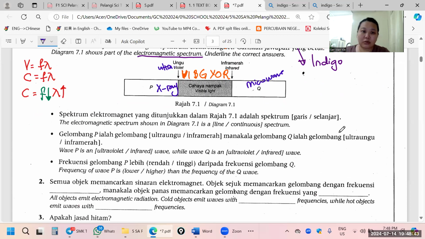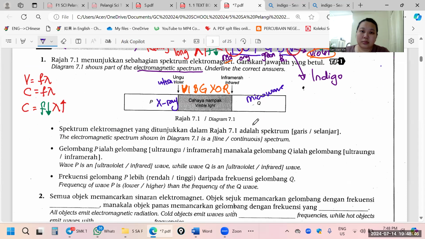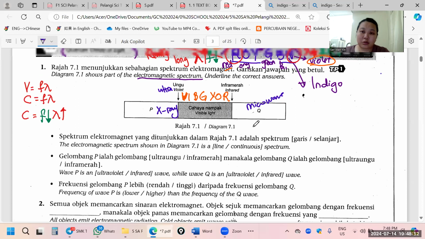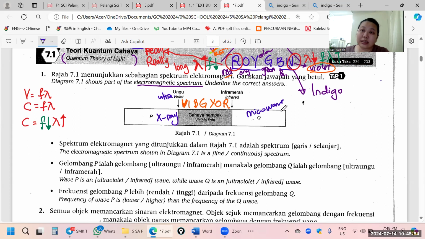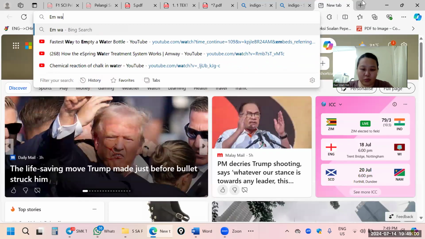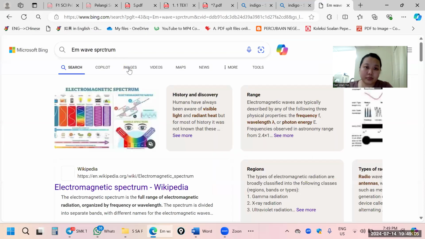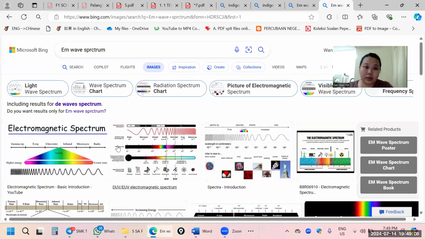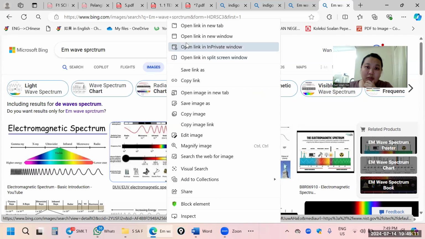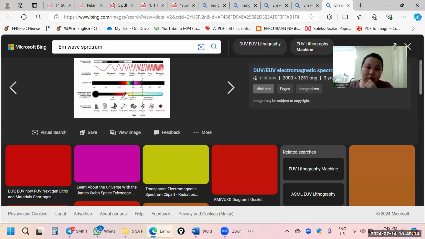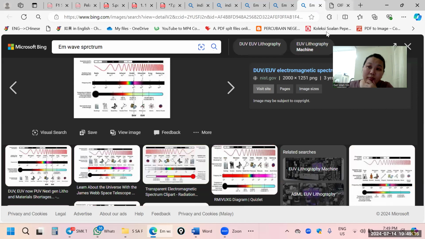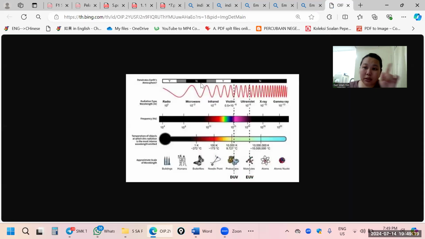Okay, so now the electromagnetic spectrum. Last year, we learned the EM wave spectrum. We thought that the spectrum is continuous.